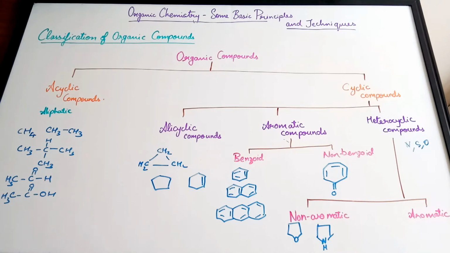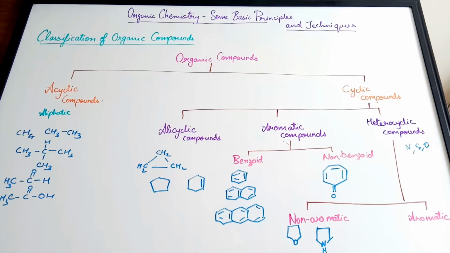If you notice, they have another atom apart from carbon in the cycle. This compound is called tetrahydrofuran, and this is an azolidine molecule. Then you have aromatic ones: this is furan, this is thiophene, and this is pyridine.